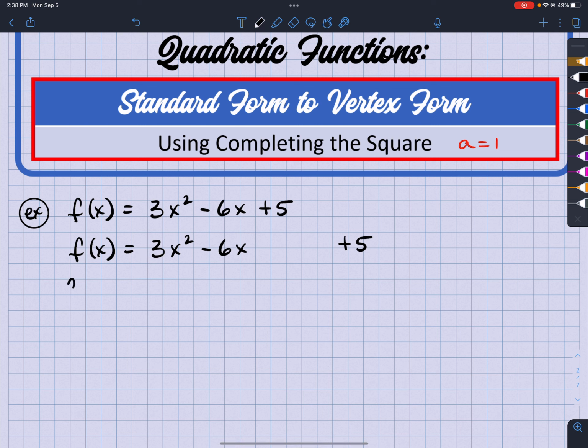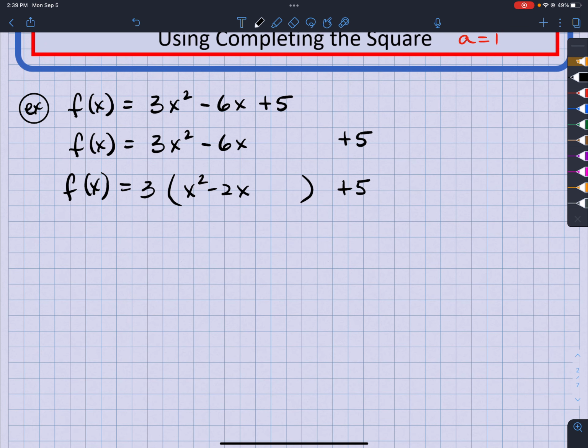In order to do that, I'm going to factor out a 3. So I'm going to have left x squared minus 2x. And 5 has no idea what the heck is going on. All right? So with that being said, apparently they're being sneaky and looking for a new c anyways.